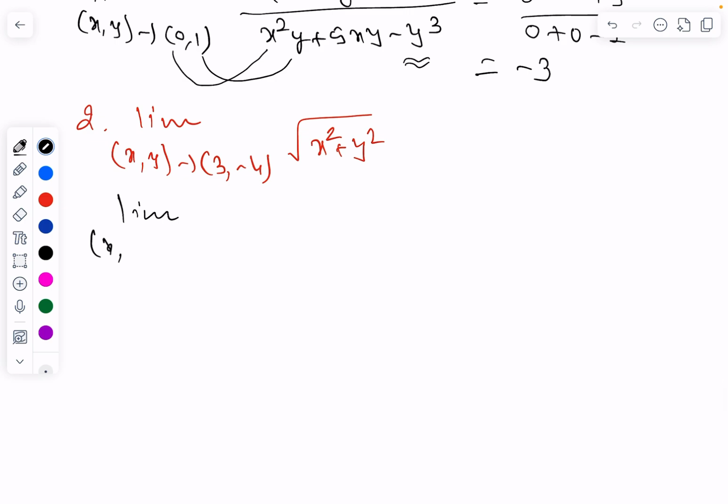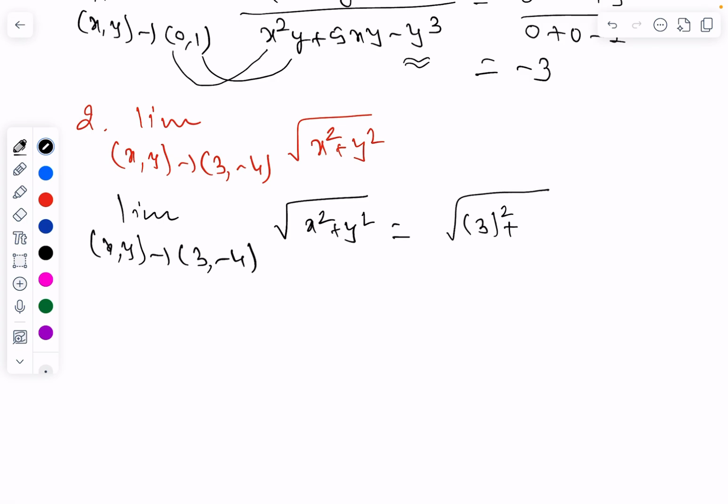Here also you can just plug in the value. It is 3 square plus minus 4 square, and that is root 25, and so it is 5.